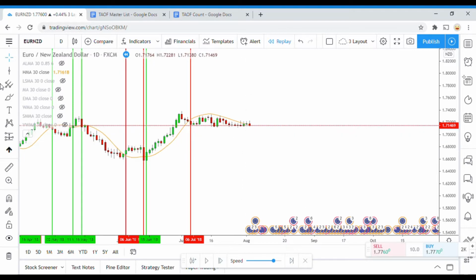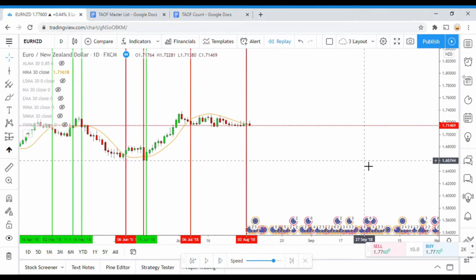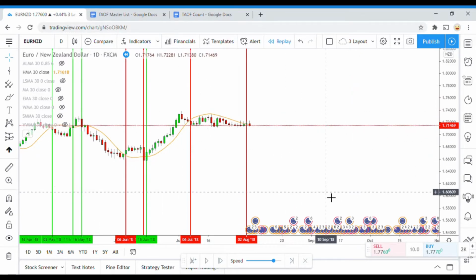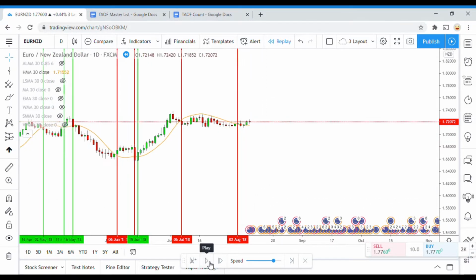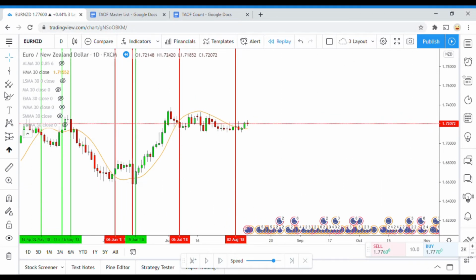Again, it is always too early to tell until we are actually calculating up the wins versus losses, but it seems to be doing a really good job. And so, yeah, let's keep moving along here and see where it's going to take us.